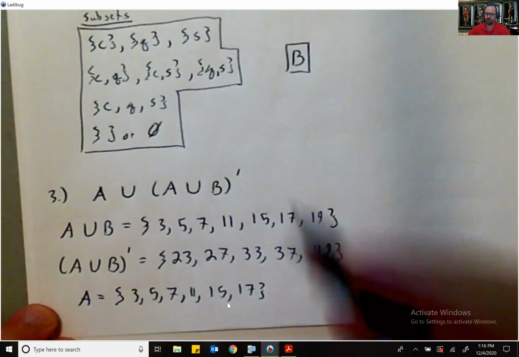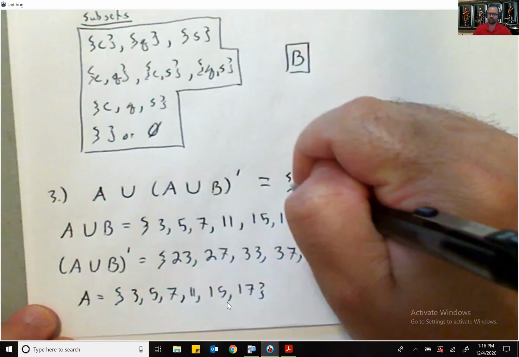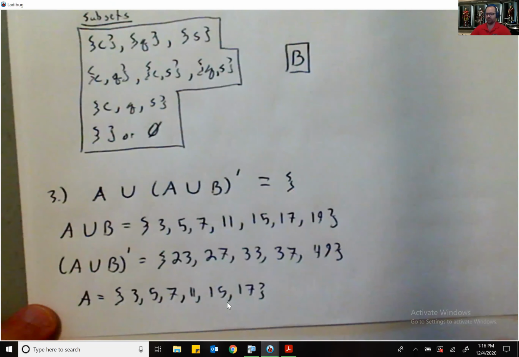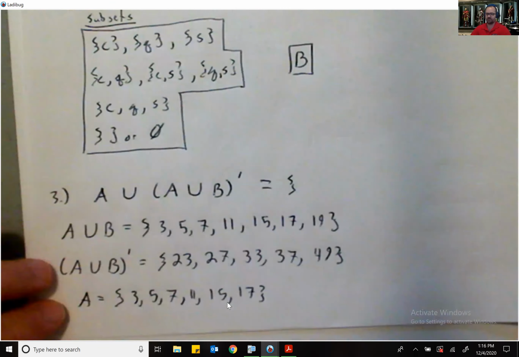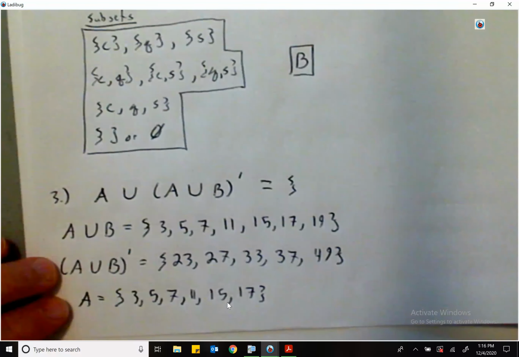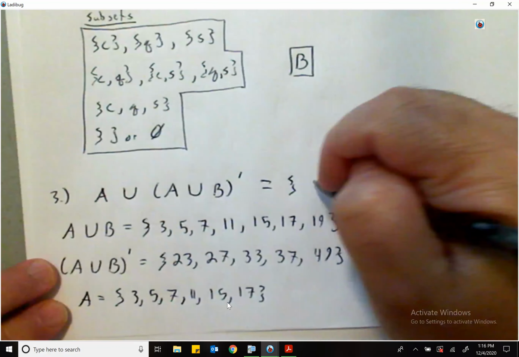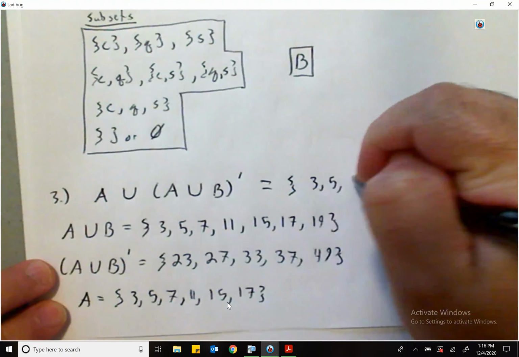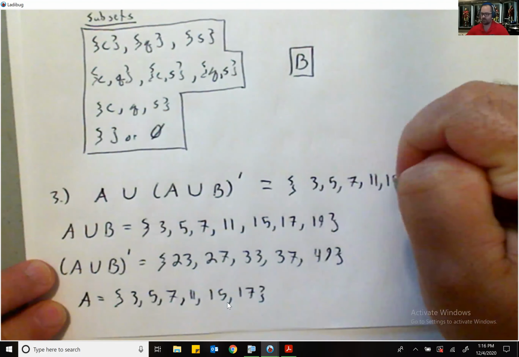What's going to be our answer? 3, 5, 7, 11, 15, 17, 23, 27, 33, 37, 49. You got it.